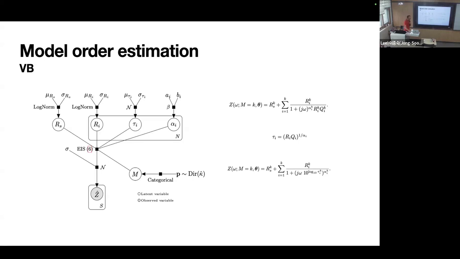So what I have here is, as previously, we have a serial resistance, and we say that this is a log normal with these parameters, so strictly positive. Then we have n poles, and I don't know which is the true n. And for each n, I have value of the resistance, time constant, and fractional order parameter.